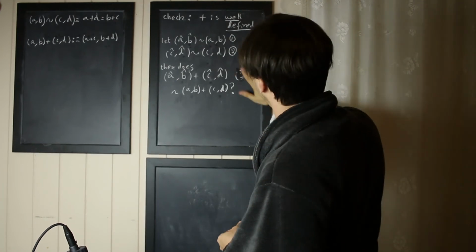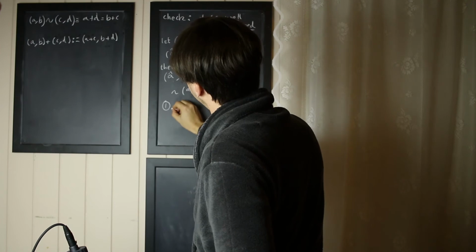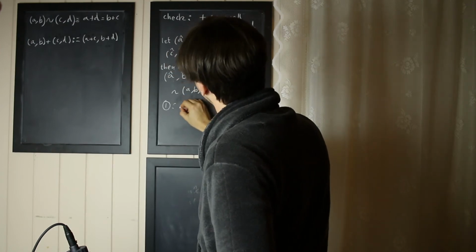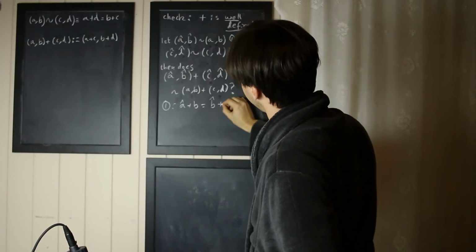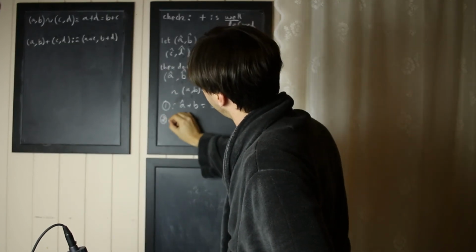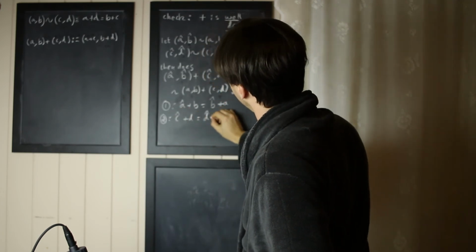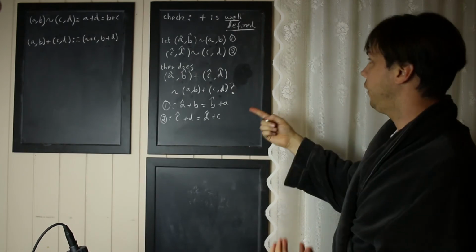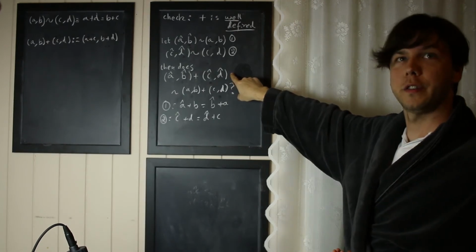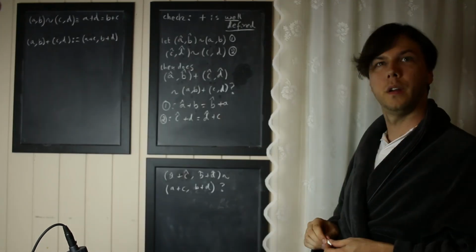By condition 1, we have this. And by condition 2, we have that. Now we can look at what formula we have here and shuffle things around a little bit. So where are we at?